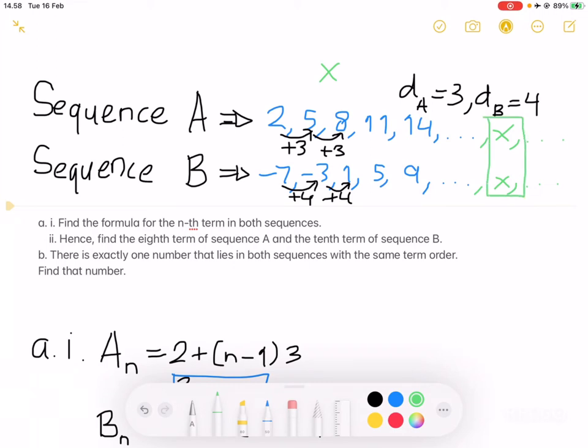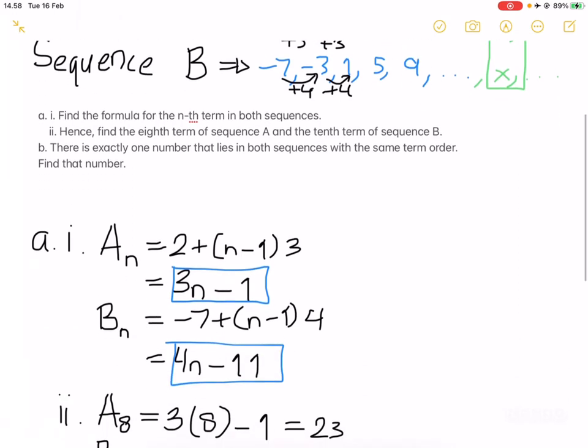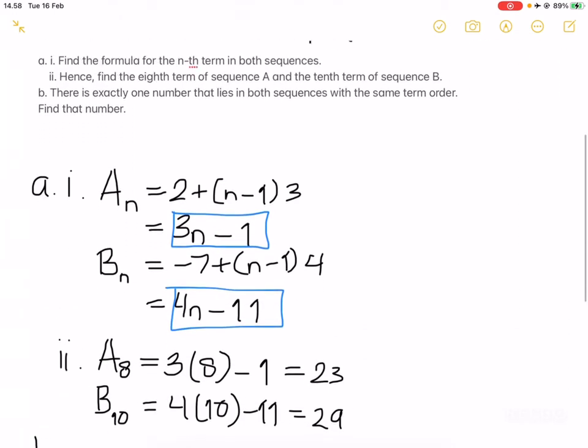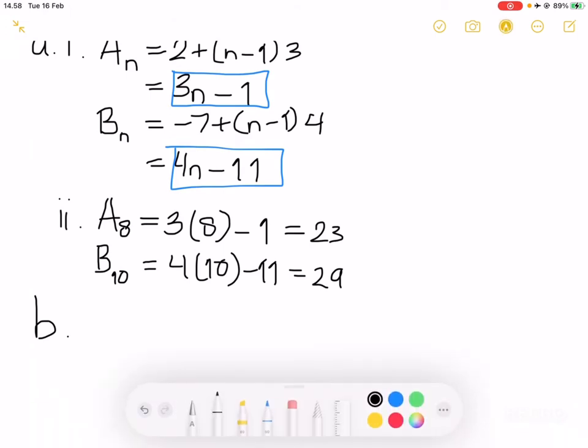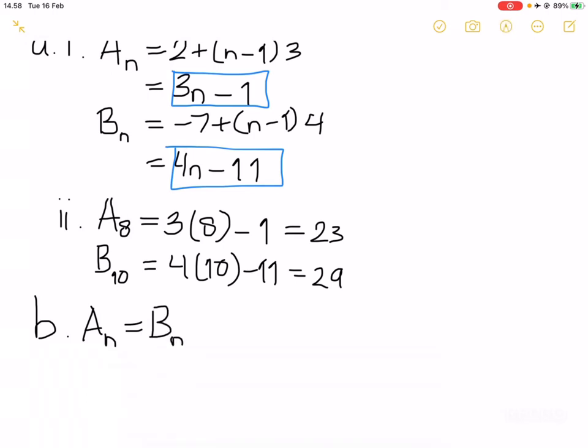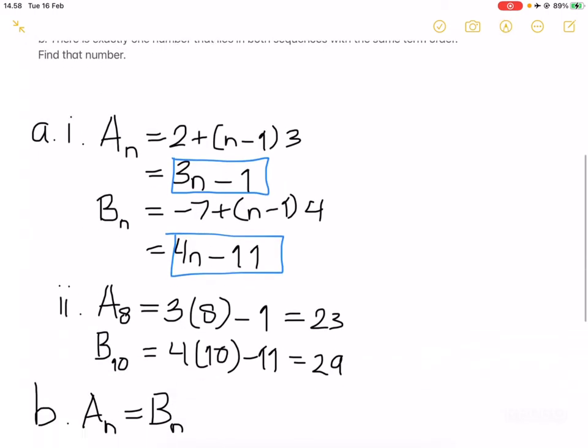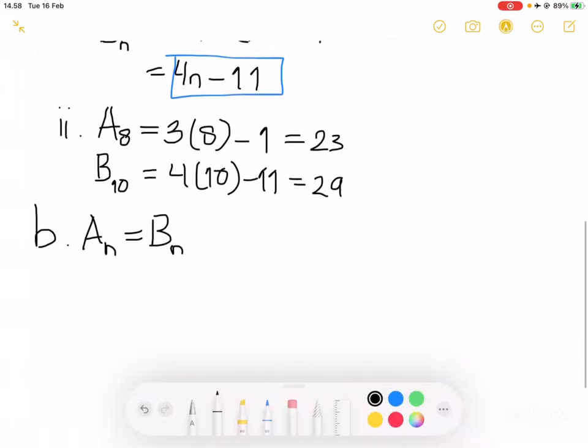That means its positions in both sequences are the same. And if you understand this part completely, you can just set the formulas for An to be equal to Bn, because the number itself is the same and the term order itself is also the same. Therefore, we're good to go for this.